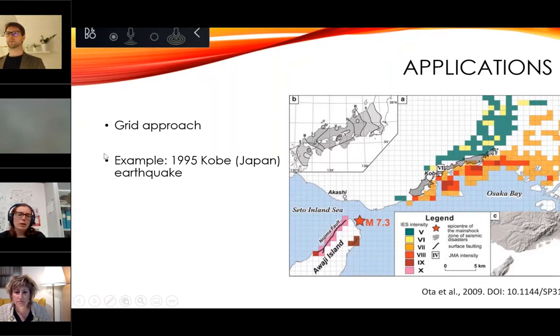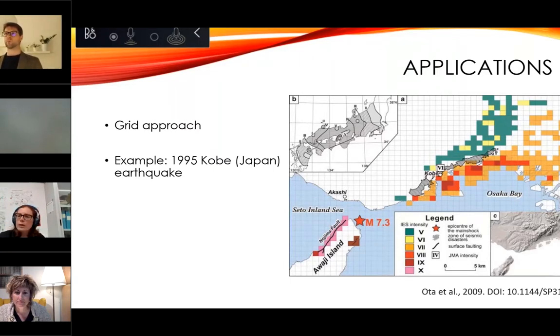I put here an example from Japan, a famous, devastating event. This approach is less used, but I believe it is just due to the quality of input data, and I believe this approach will become more and more used.